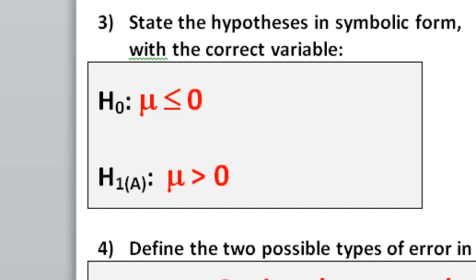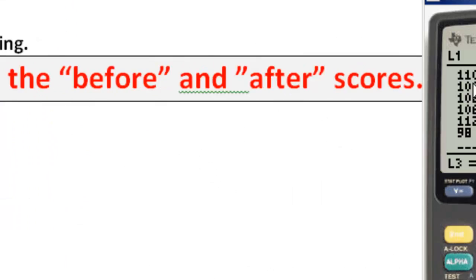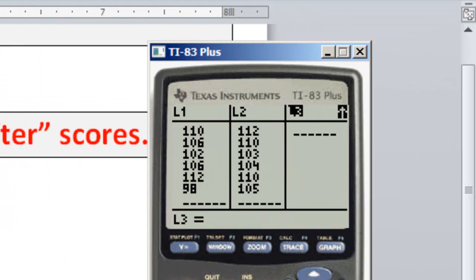If that's the case, I want to subtract L1 from L2, second L2 minus second L1, which will give me predominantly positive numbers. And we're actually going to see that.